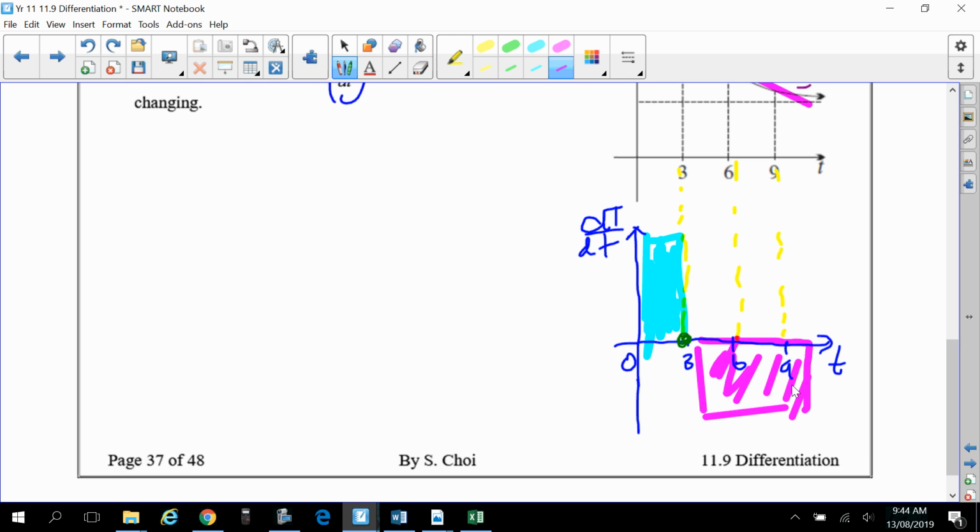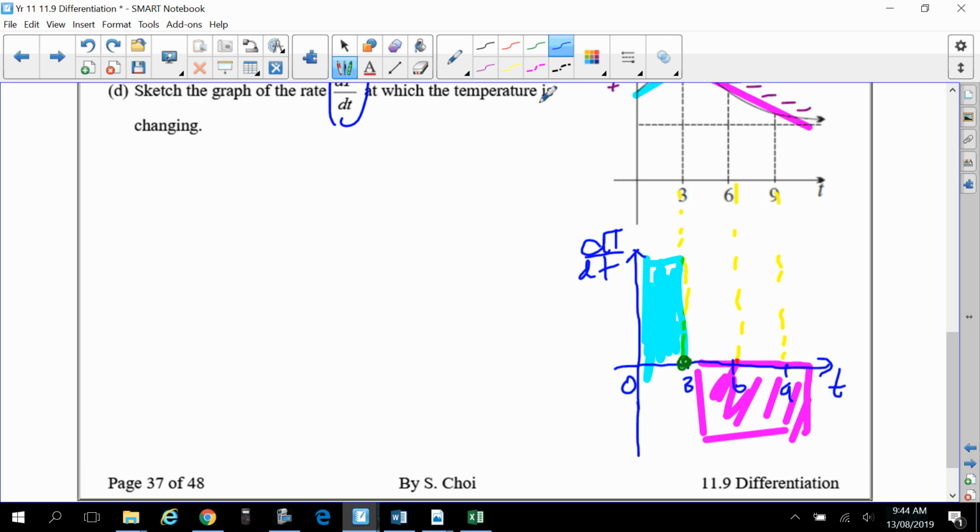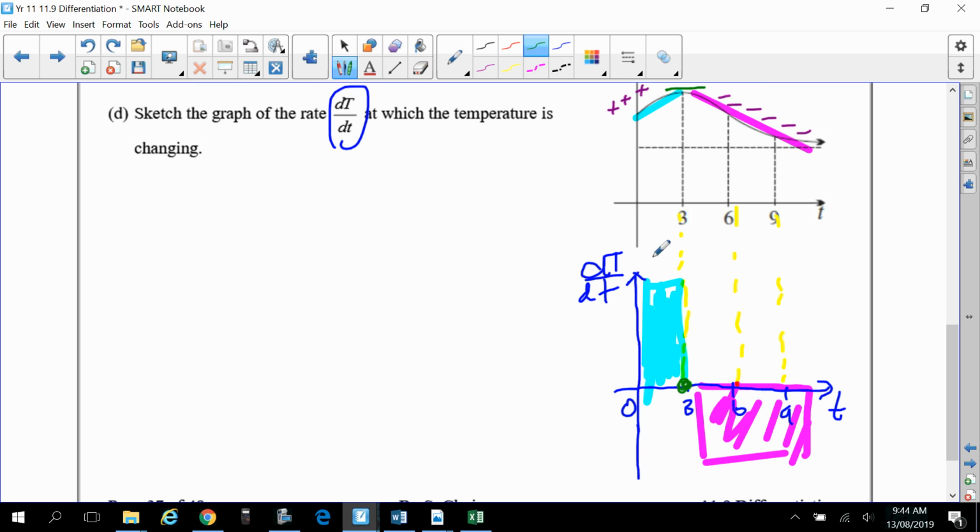So now let's try to draw the graph. There's no way to tell where to begin, but the gradient is a positive number, not too small, somewhere here. Then it's going to reach 0, and then it's going to be negative.